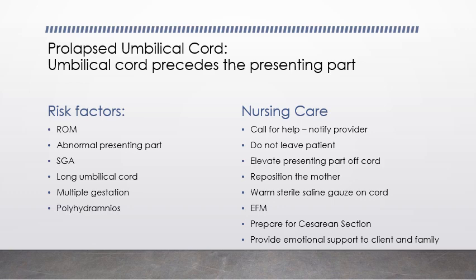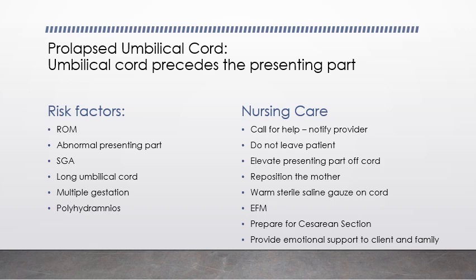And you'll want to elevate the presenting part off of the cord. And that means putting your fingers in the woman's vagina and feeling the presenting part and pushing it up off the cord. And if you're the one that discovers the umbilical cord prolapse, you will keep that presenting part off of the cord until the baby is delivered by stat C-section.